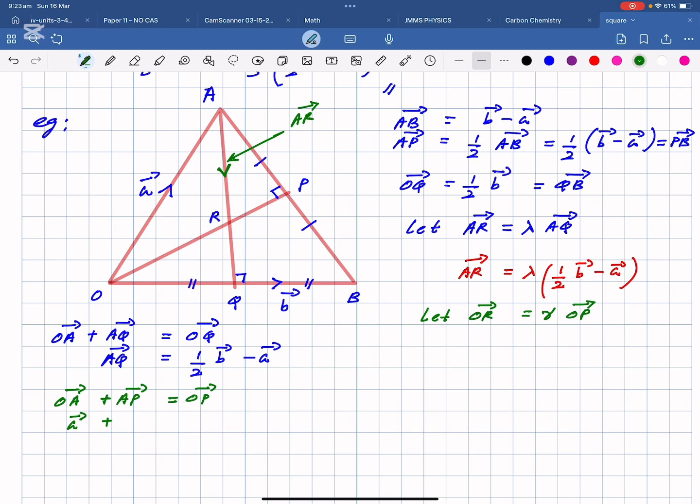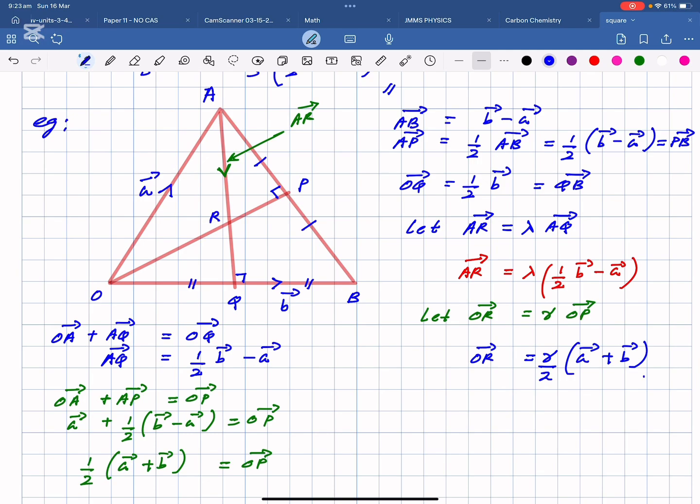Yes, we have that. So half times B minus A, and that is OP. Now we can simplify this a little bit. So this is going to be half of A plus B. Can you simplify this? Half of A plus B, and that is OP, right? Once you have OP, it's just a matter of putting it here. That's it. So OR is equal to gamma times OP. OP is going to be, so I'm going to put 2 here and then say A plus B. Done.